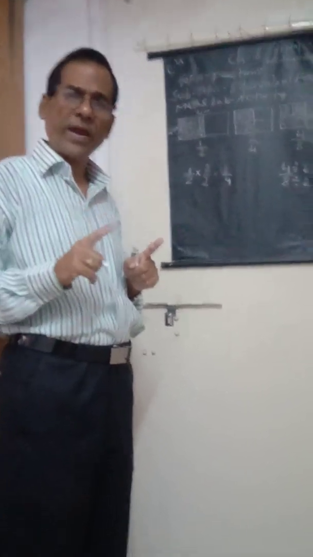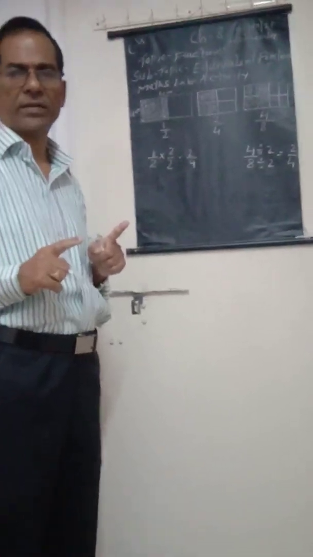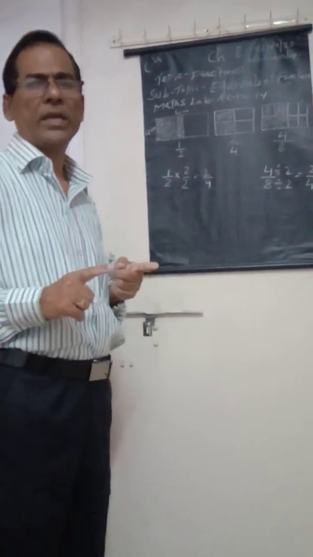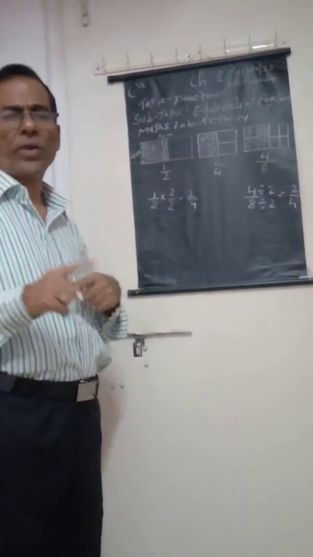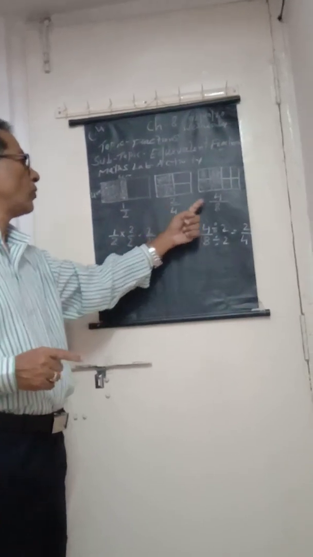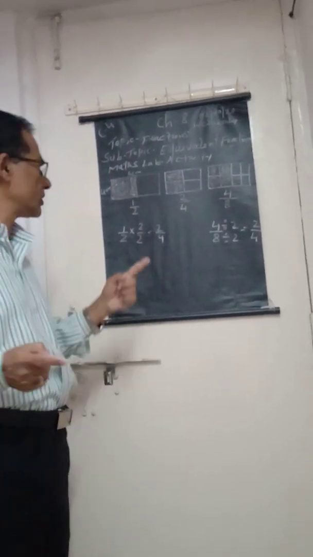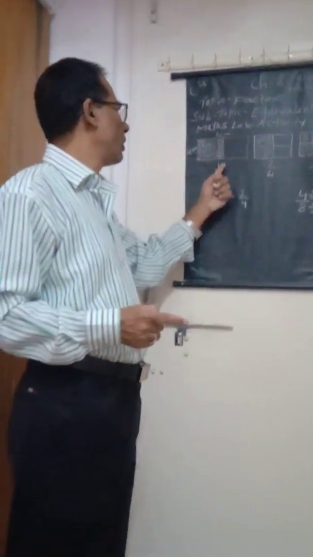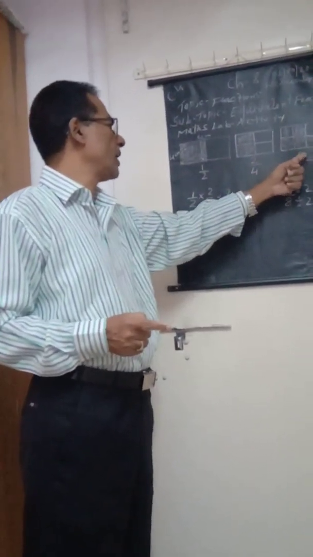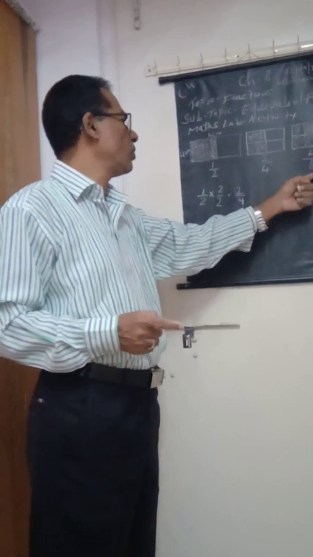If it cannot be divided, then they are not equivalent fractions. In this way we are getting the equivalent fraction. This is the way to find the equivalent fraction. And 1 by 2, 2 by 4, 4 by 8 are equivalent fractions. This one is multiplying by 2, and this one is multiplying by 4.